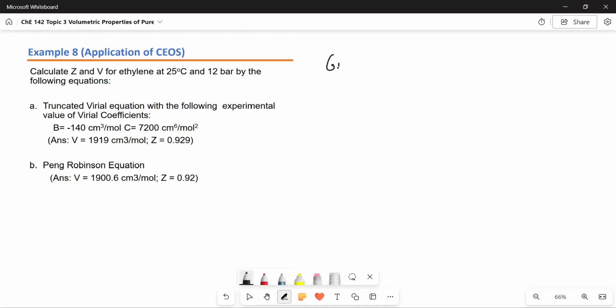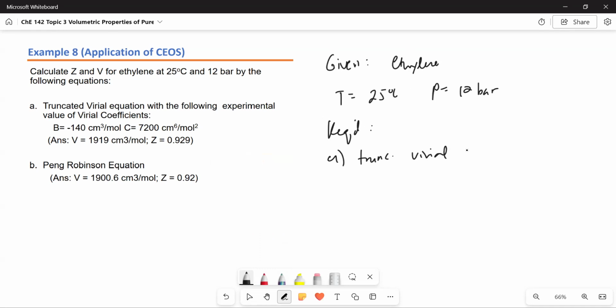Given: ethylene at a temperature of 25 degrees Celsius and a pressure of 12 bars. We're being asked, for letter A, the truncated virial EOS, for Z and V. Given the values of B and C, I will not write them anymore, so please just refer to the question. And then the PR equation.